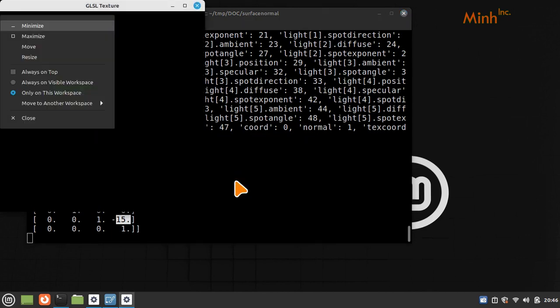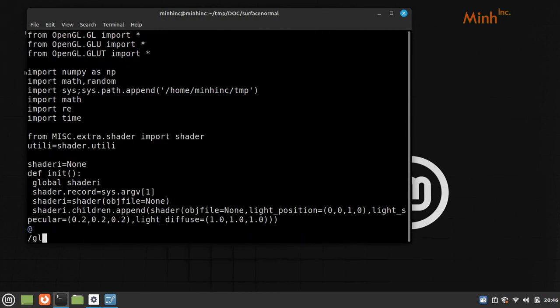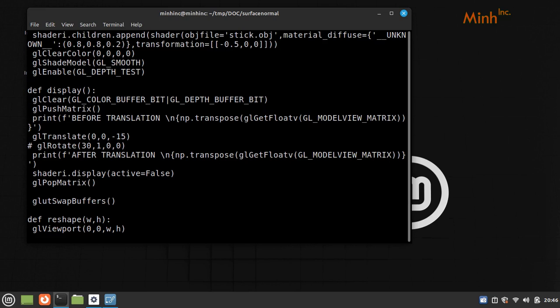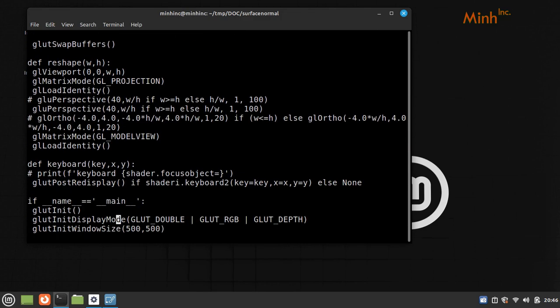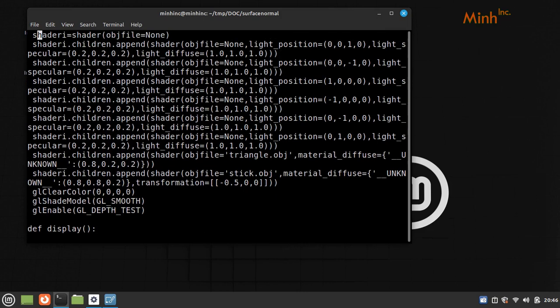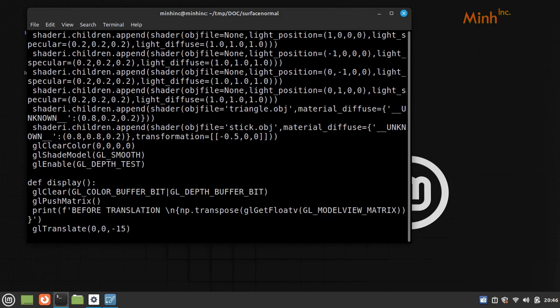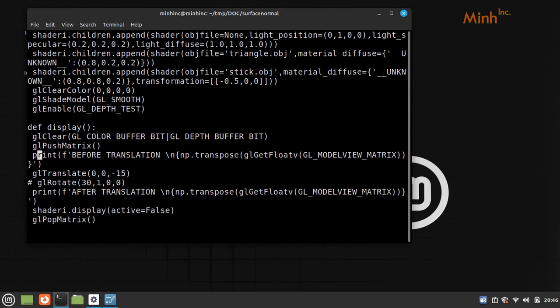Now I'll see the code. When it enters, the first thing we do is minus 15, in this reshape. Whenever it is reshaping, we are loading the model view, setting it to identity. So it's an identity matrix, and on the identity matrix we are translating by minus 15.